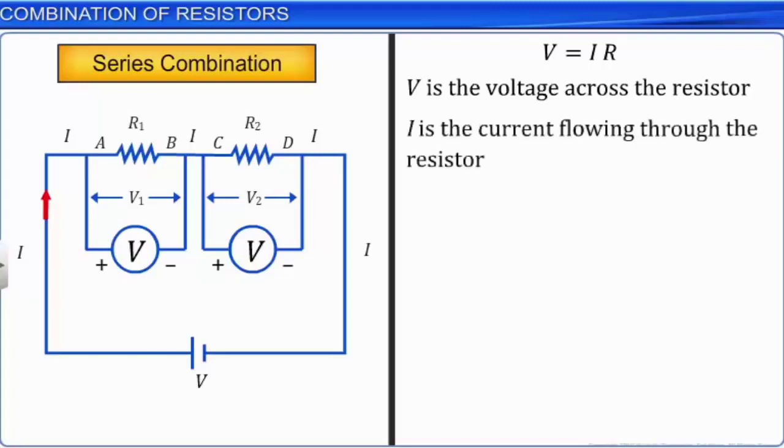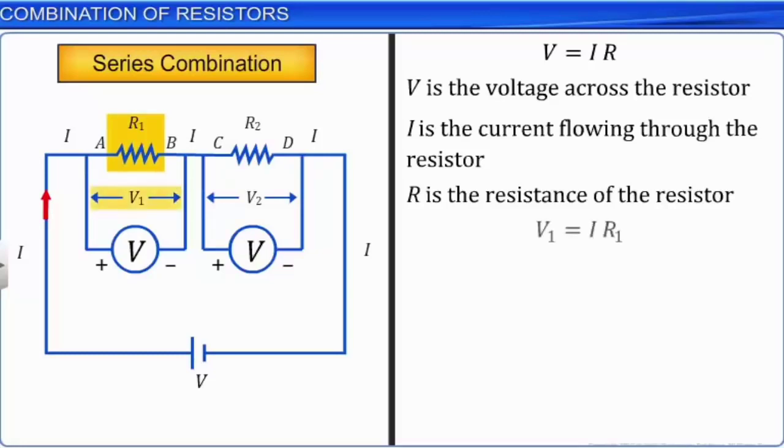Applying Ohm's law to resistor 1, the potential difference across R1 is denoted by the equation V1 is equal to I into R1. Let this be equation 1. The potential difference across R2 is denoted by the equation V2 is equal to I into R2. Let this be equation 2.